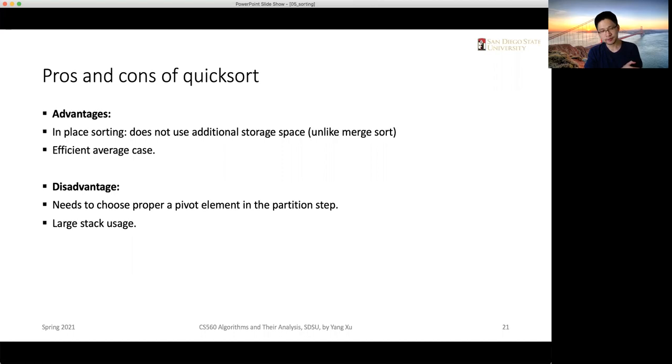Speaking from a statistical perspective, the more random operations we conduct on the input sequence, the more likely we are to choose very random pivot elements, which are closer to the mean or the median values.